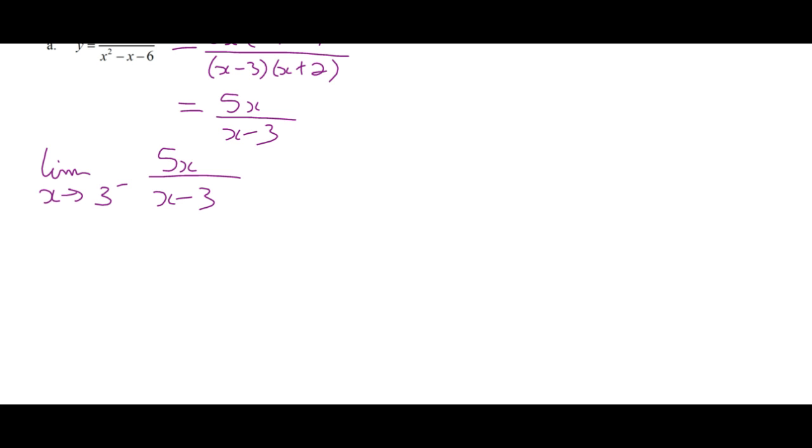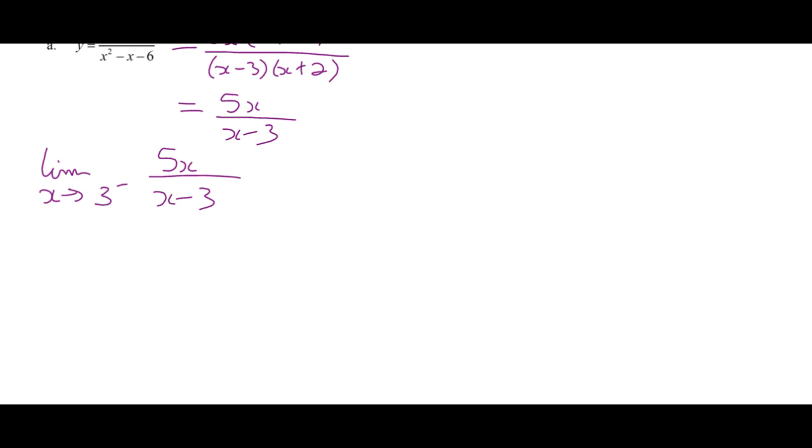So we can look at that and say, all right, so what's 5x going to be, right? Like around 15. Okay. Slightly less than 15. So let's just call that a relatively small positive number, because what's this going to be? Almost zero. From the negative side, right? So it'll be a really small negative number, okay?